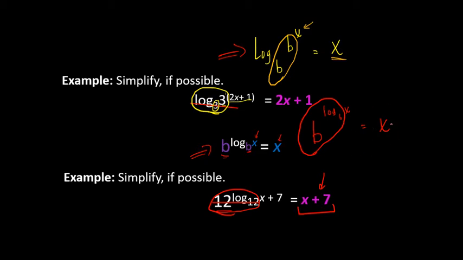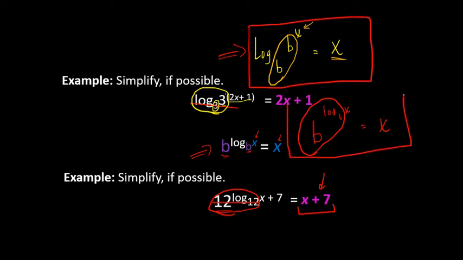So if the exponent happens to be the same number or the same variable as one of your other terms, that's okay. That isn't going to be a situation where you apply inverse properties, okay? So again, I want you to write this down and write this down and use them as templates to check for when you can simplify. This one is written in logarithmic form. This one is written in exponential form.